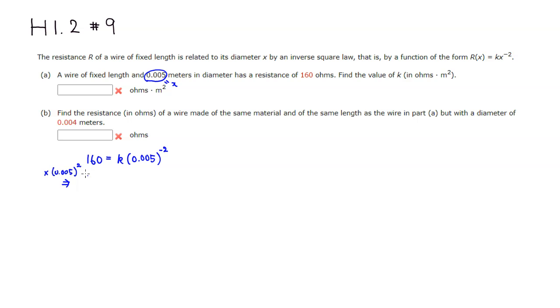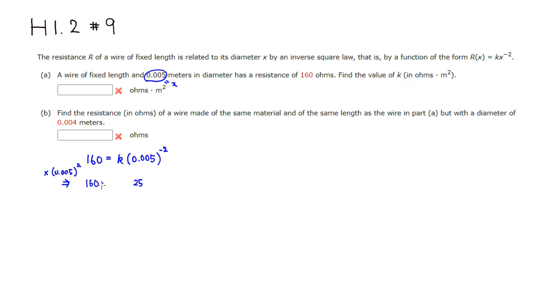So if you multiply that, you're going to get 160 times, maybe I should go ahead and multiply it first. 0.005 squared: 5 times 5 is 25, and then you have three digits after the decimal point, and another three, so six digits.